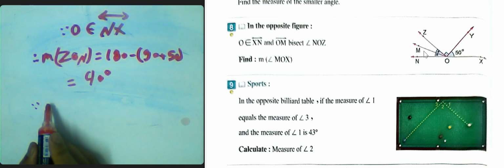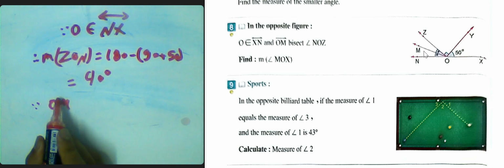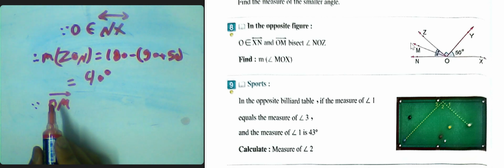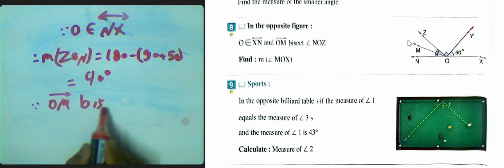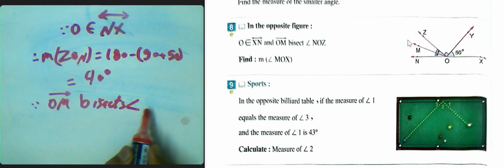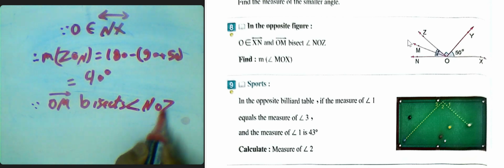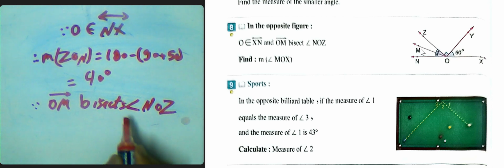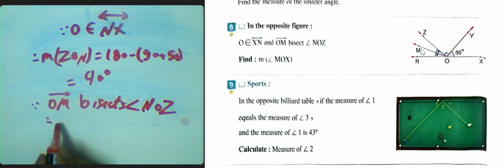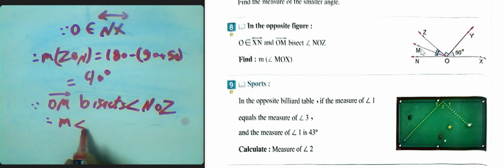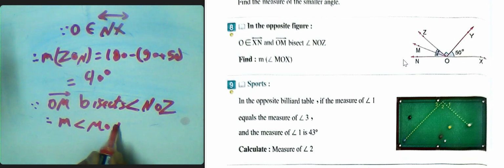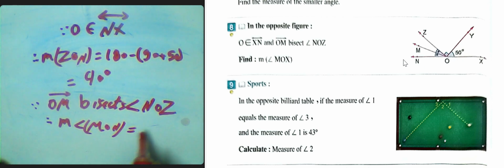And the ray OM bisects angle NOZ. Then the measure of each one of them, MON, equals 40 divided by 2, which equals 20 degrees. Okay, the measure of the angle will be 20.